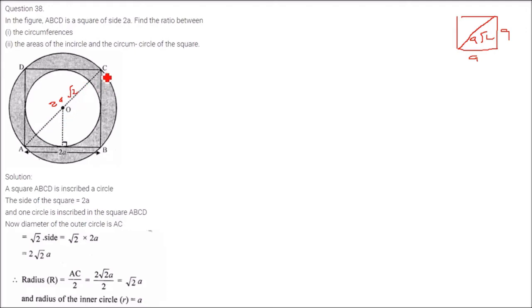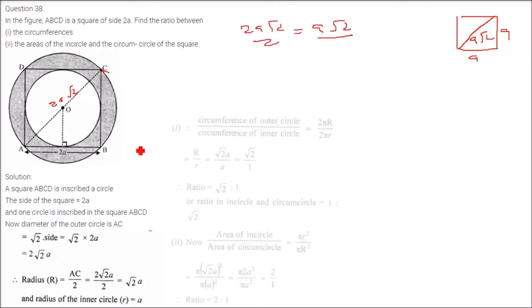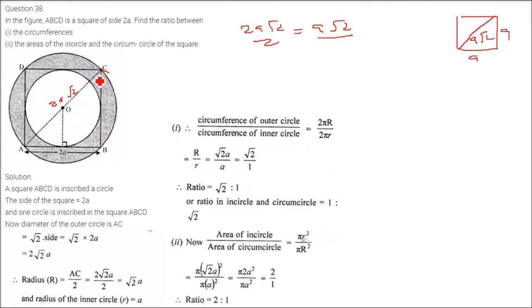So this is 2A root 2, from here to here. What is the radius of this circle? It will be 2A root 2 by 2. So A root 2 is the radius of this circle. Let us call it capital R.